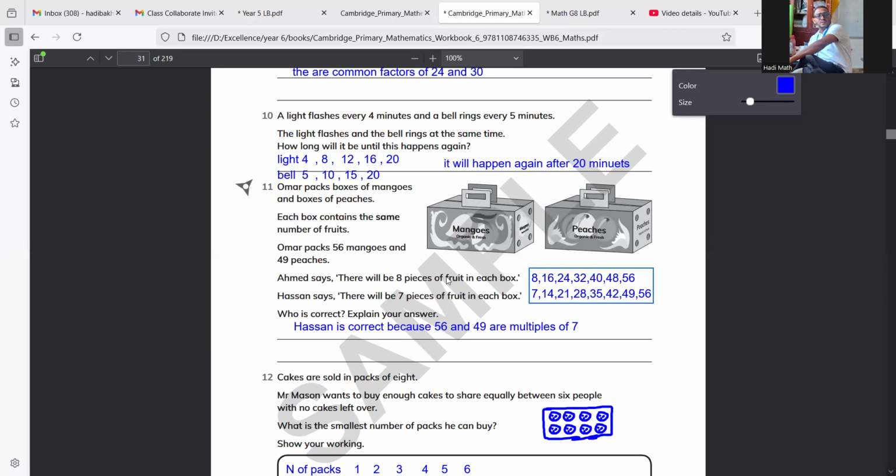If we see 49 and 56, both of them are multiples of 7, but not both of them are multiples of 8. That is why Hassan is correct, because 56 and 49 are multiples of 7. I hope it is clear.